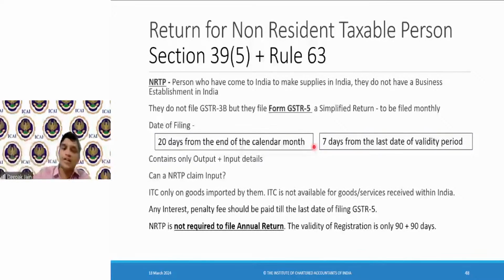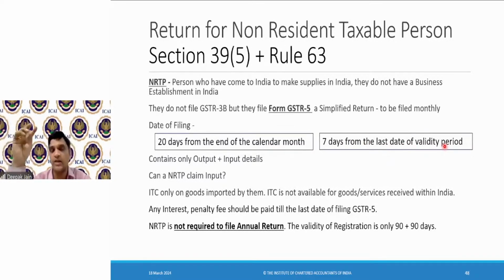In the fourth month, the last 15 days are there. What does that mean? That for those 15 days, they have to file it. So they cannot wait for that month to get over, right? That's why this date is coming like this: they have to file by 20 days from the end of the calendar month or 7 days from the last date of validity period.